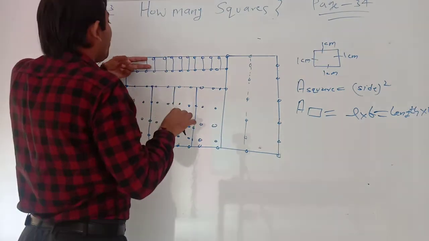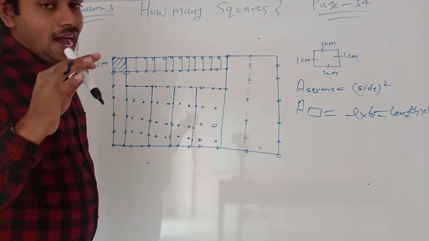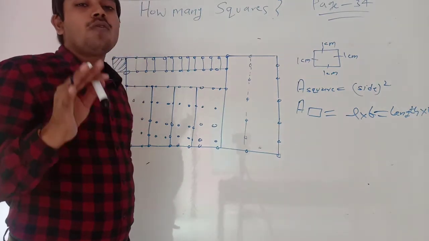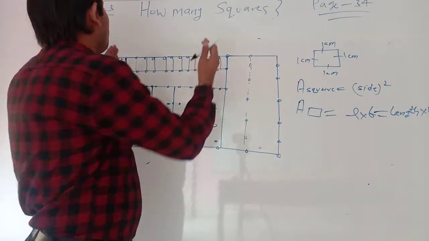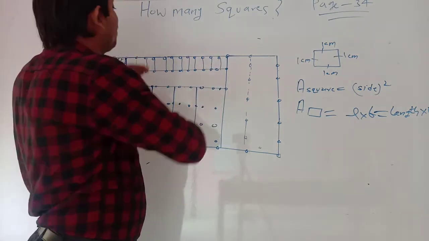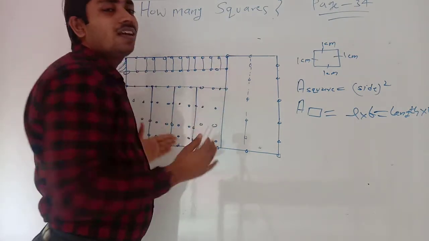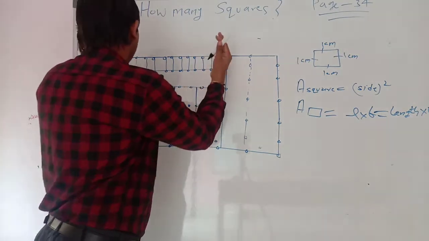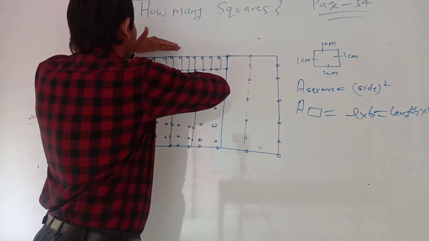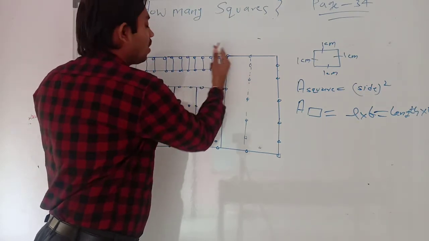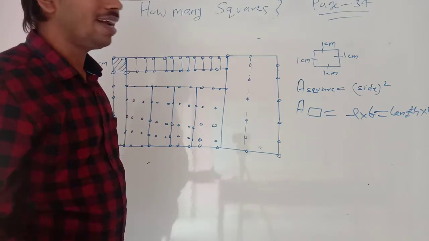This is the first rectangle. I told you in the earlier lecture what is meant by a rectangle. Corresponding sides are equal in length. So the corresponding, meaning opposite, sides are equal in length. See, this length is also equal, this breadth is also equal to each other. That is called a rectangle.